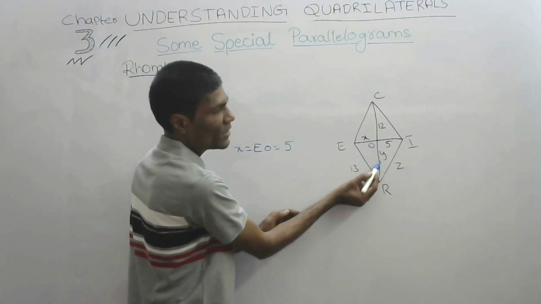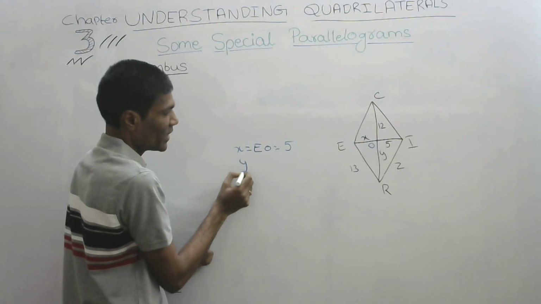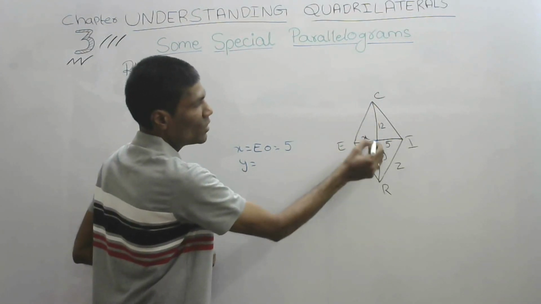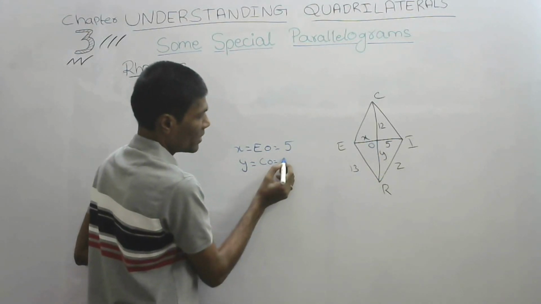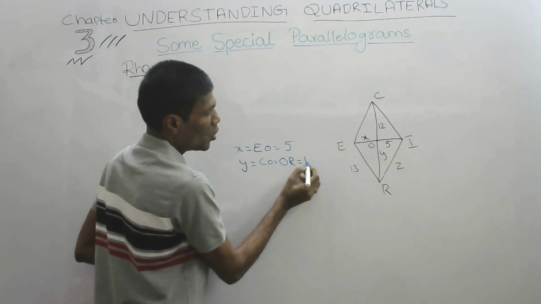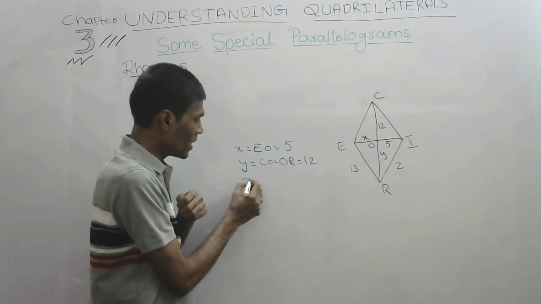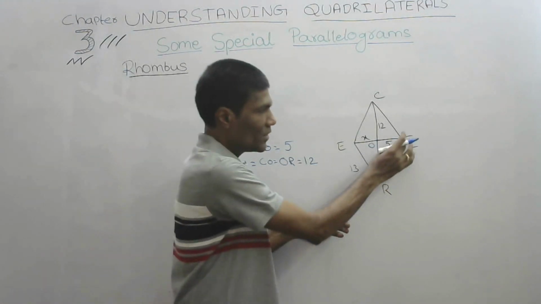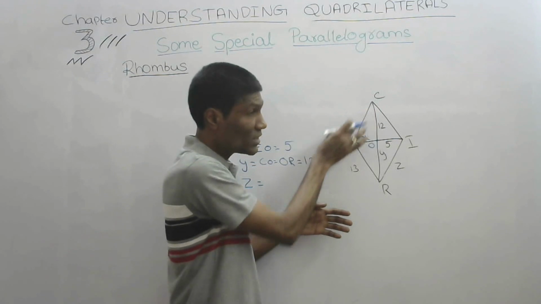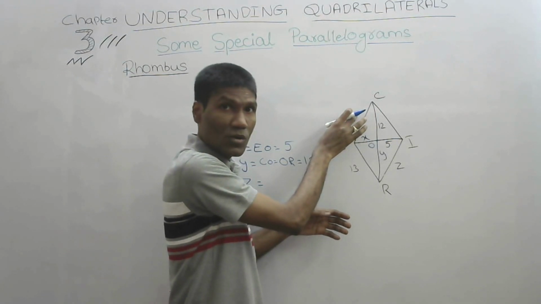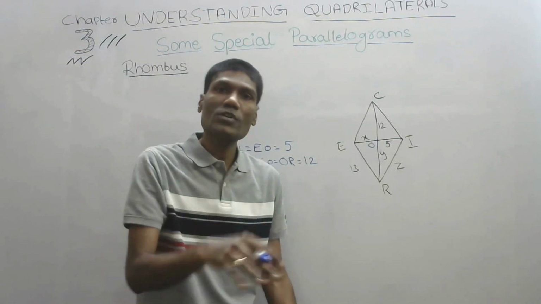Next, y. In the same way, this is 12, so this will be 12. So y equals CO, which is equal to OR, equal to 12. Then z. How to find the value of z? This z is a side. Do we know this value? We don't know. So how can we find it? The property of a rhombus is all four sides are equal.